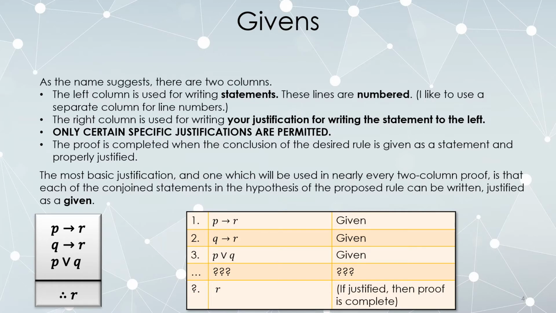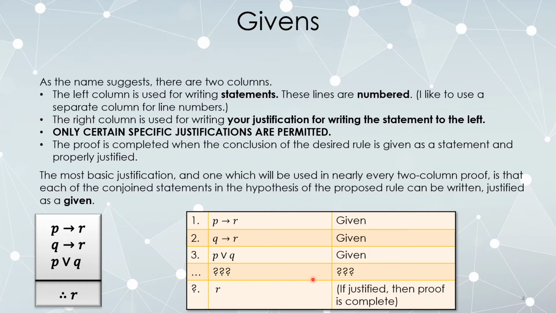You can introduce each of these hypotheses, P implies R and Q implies R and P or Q, each of them may be introduced, justified as a given. Because this is exactly what shows up there. This is exactly what shows up there, and P or Q is exactly our third given.